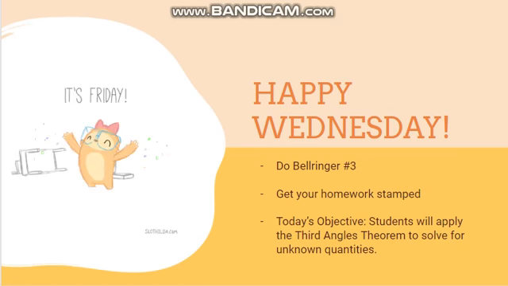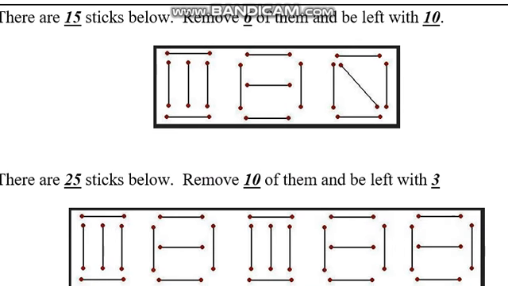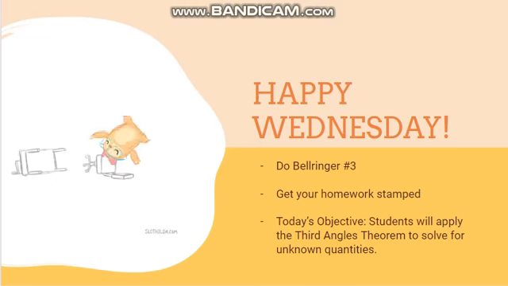So we'll start with our bell ringer, which looks like this. Go ahead and pause if you need to, and try it yourself. So the answer to this one, it's a little bit of a brain teaser.